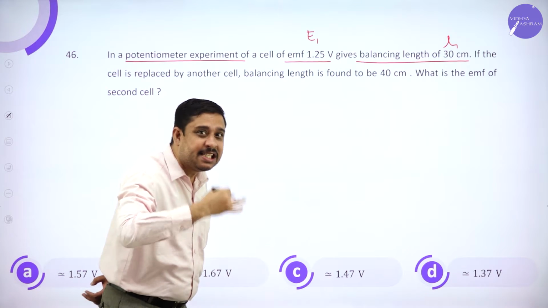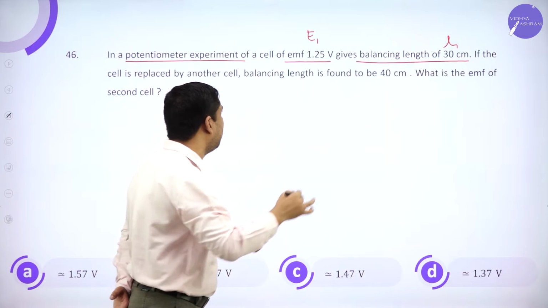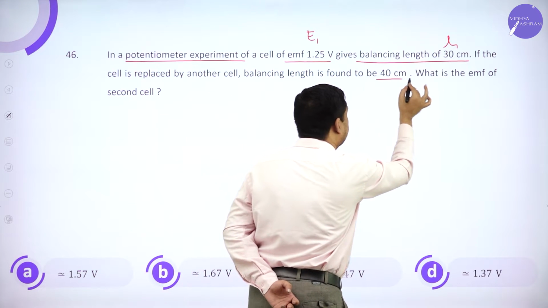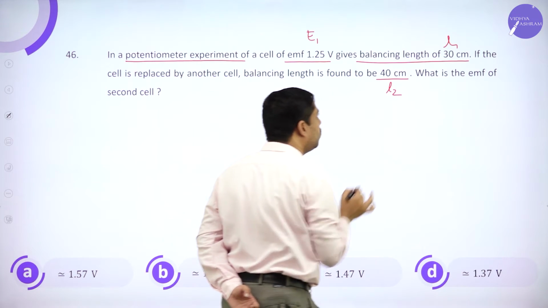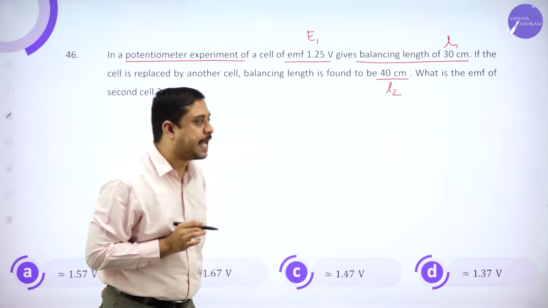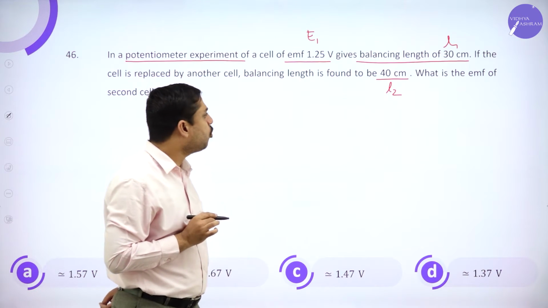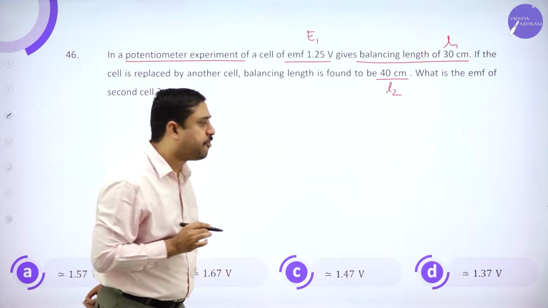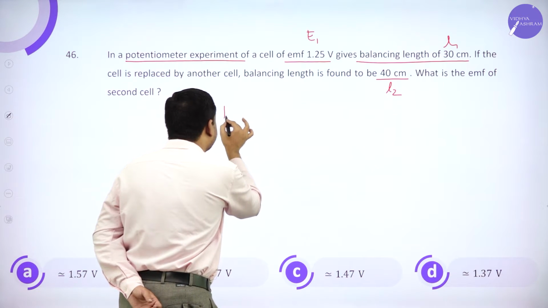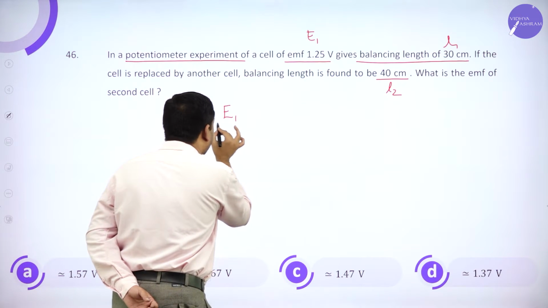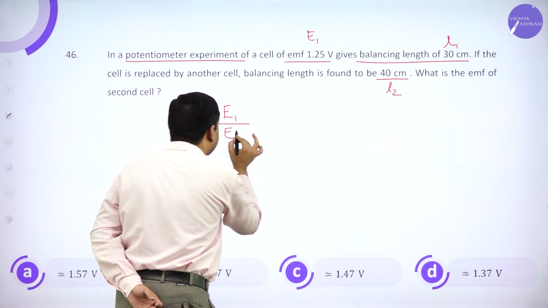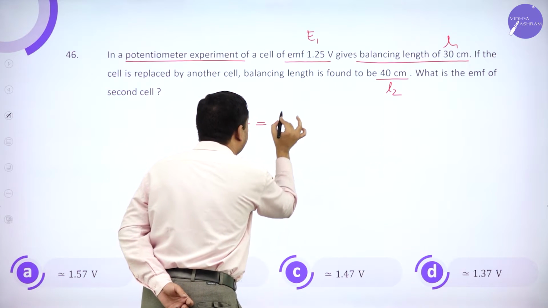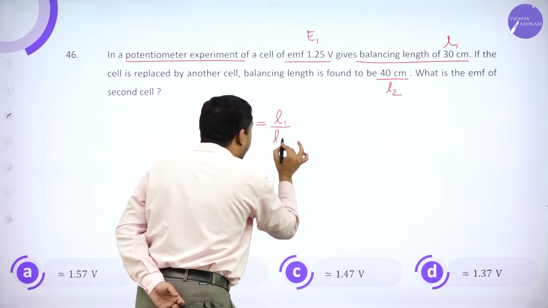If that cell is replaced by another cell, balancing length is found to be 40 centimeter. What is the EMF? So in the experiment, we wrote the expression E1 by E2 is L1 by L2.